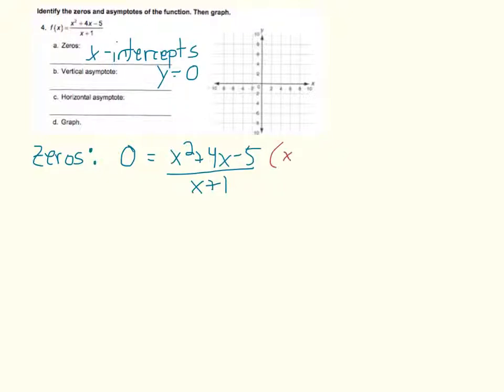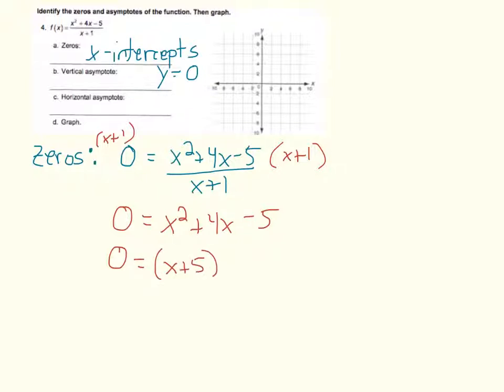So first step, multiply by x plus 1. That will give me 0 on this side, and I'm left here with a quadratic. Always check and see if a quadratic will factor first. This one will. I've got x plus 5 times x minus 1 will work. And then I want the values that would give me 0, so x equals -5 would give me 0.